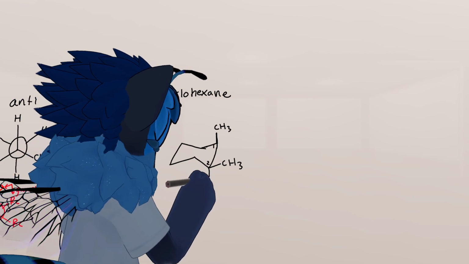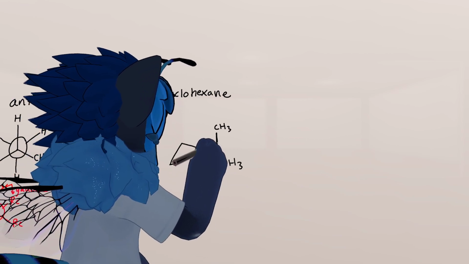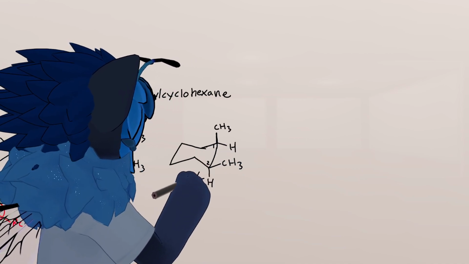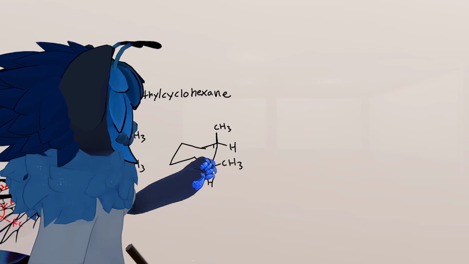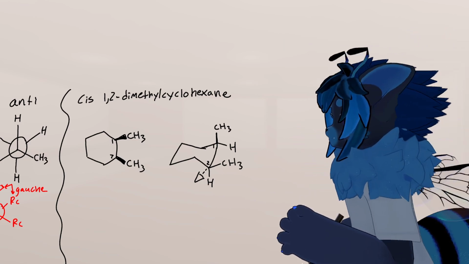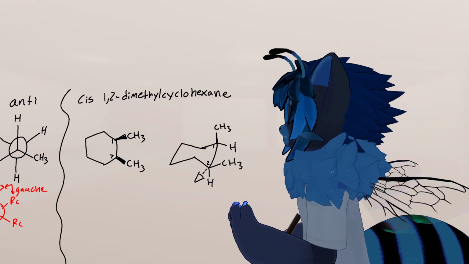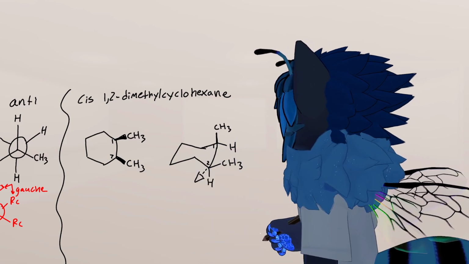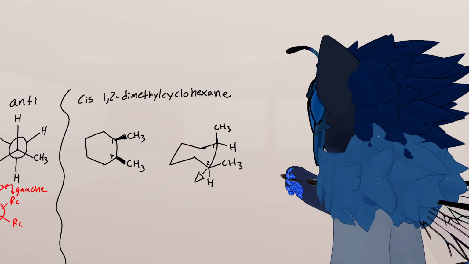So let's draw our other bonds that we have. And let's look down carbons 2 and 1. So from this, we can kind of already see our Newman projection. Our hydrogen's pointing down and our methyl is pointing up and to the right. And the ring carbon is up and to the left.